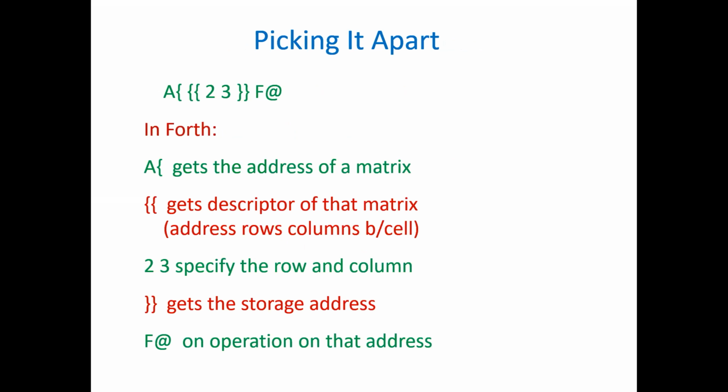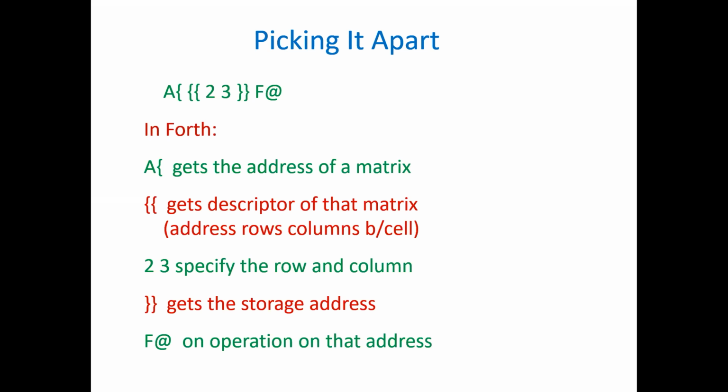So to go into it in detail, here is the analysis of one expression. In Forth, the A left brace gets the address of the matrix. The double brace gets a descriptor, and that descriptor has rows, columns, and size, and puts that on the stack.